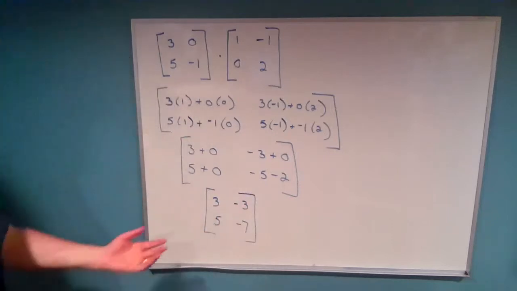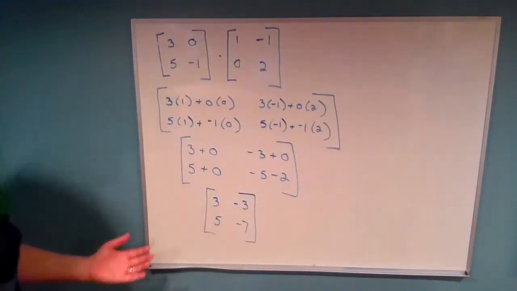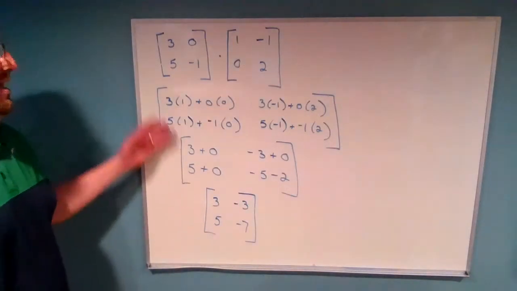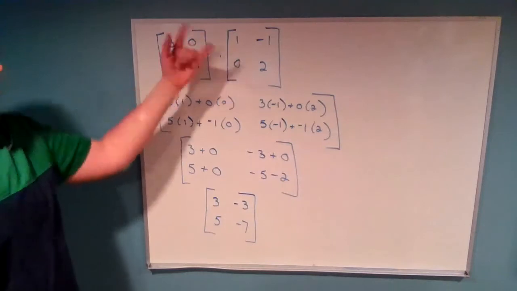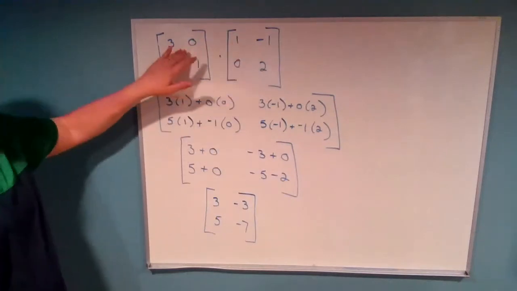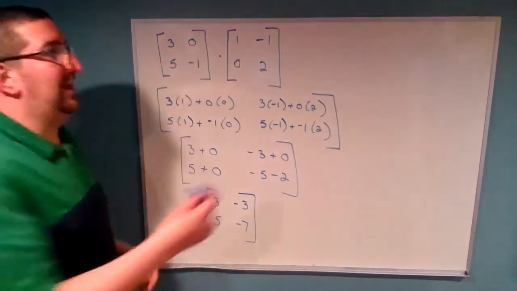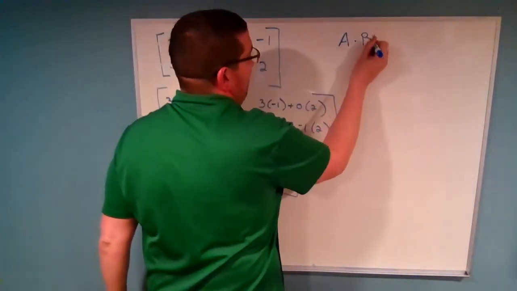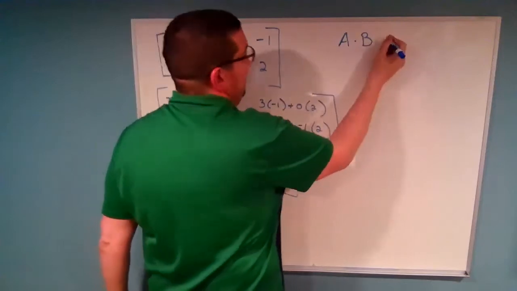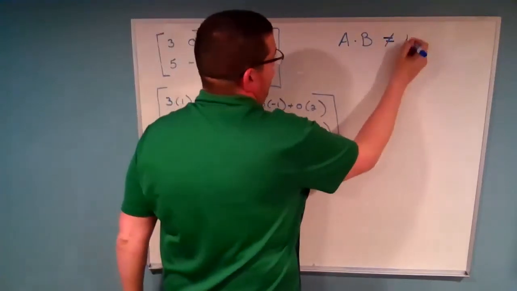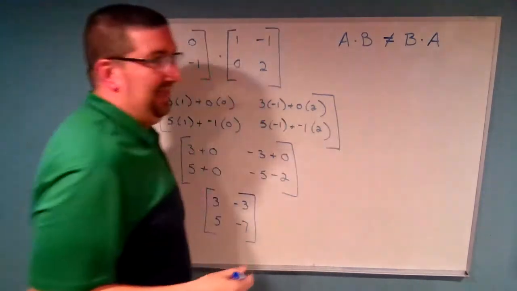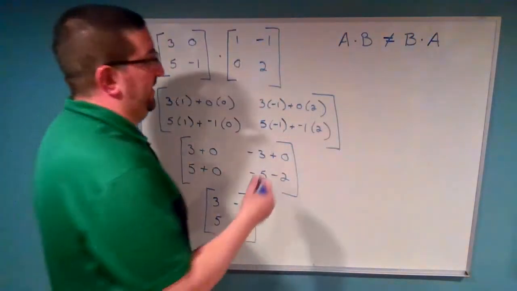Now, if you look back in your notes, that is not the same answer that we got by the first multiplication problem, by doing this times this. So A times B, matrix A times B, is not the same thing as multiplying B times A. They are not commutative.